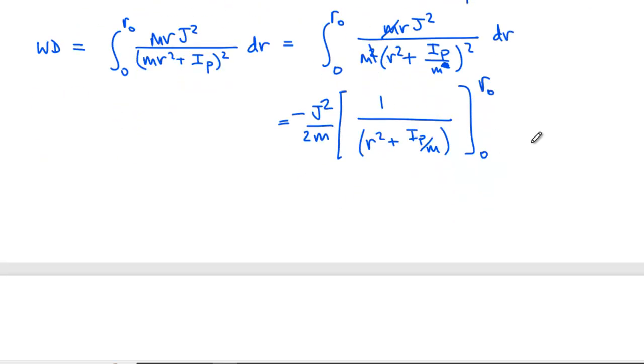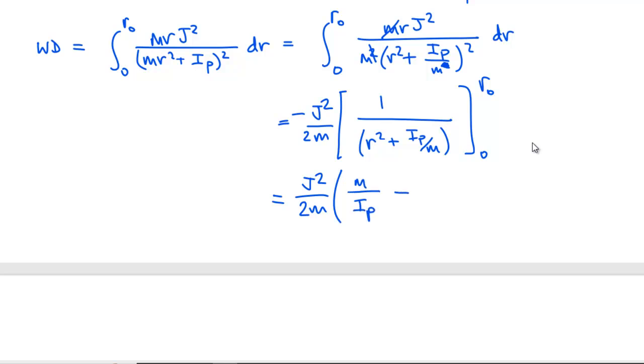Right, this is quite heavy work. So that is now, well, I suppose you could change the limits back around again, having this minus sign going in and out of this bracket like crazy. So if R is 0, we've got 1 over IP divided by M, so M over IP.